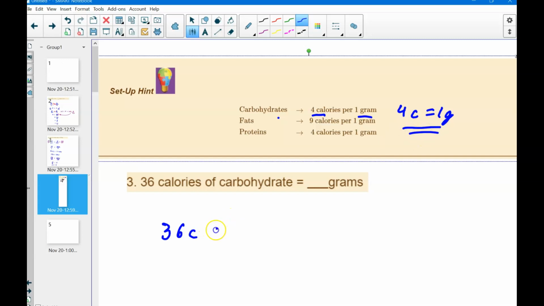So the C is in the bottom. Multiplying, you'll notice that the C's will cancel. When I multiply, I get 36 grams over 4. That means it's 9 grams.